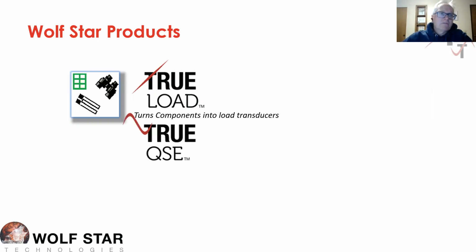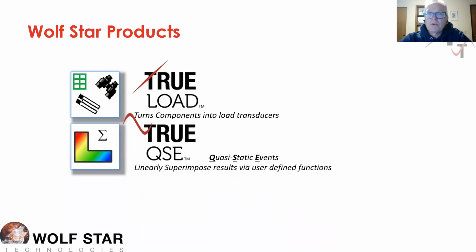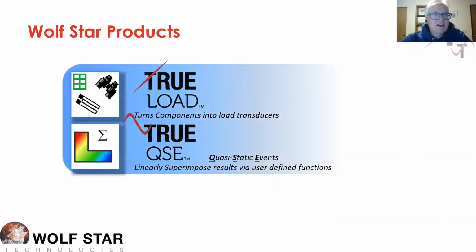The second product from Wolf Star Technologies is a product we call TrueQSE. QSE stands for quasi-static events. And this basically allows you to linearly superimpose results via user-defined functions. So this is really a powerful tool in and of itself. But what happens with TrueLoad is you're going to collect time histories of loading from the strain data.